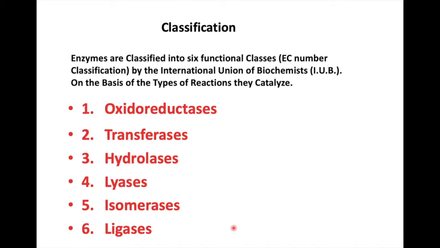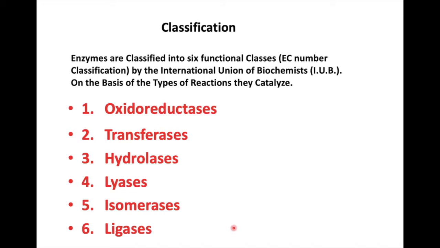The older system of classification and nomenclature was modified by the Commission on Enzymes of the International Union of Biochemistry in 1961. They classified enzymes into 6 classes on the basis of the type of reaction they catalyze.